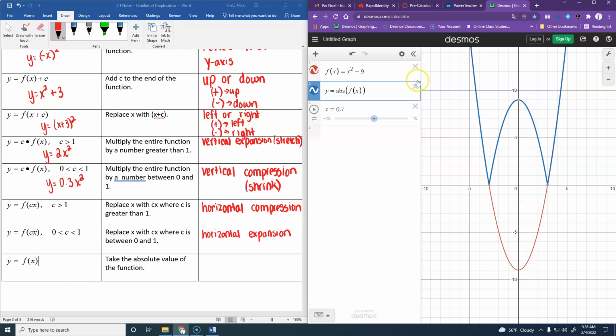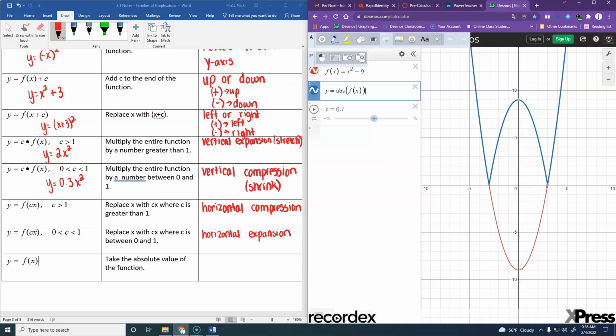So what happens here is all of the negative parts are reflected over the x-axis, but only the negative parts, right? So if we think about what that looks like, this part of the graph was positive, so it just stayed where it was, and this part of the graph was also positive. It was above the x-axis, so it just stayed where it was. But when you got down to this negative part, it had to be flipped over the x-axis.